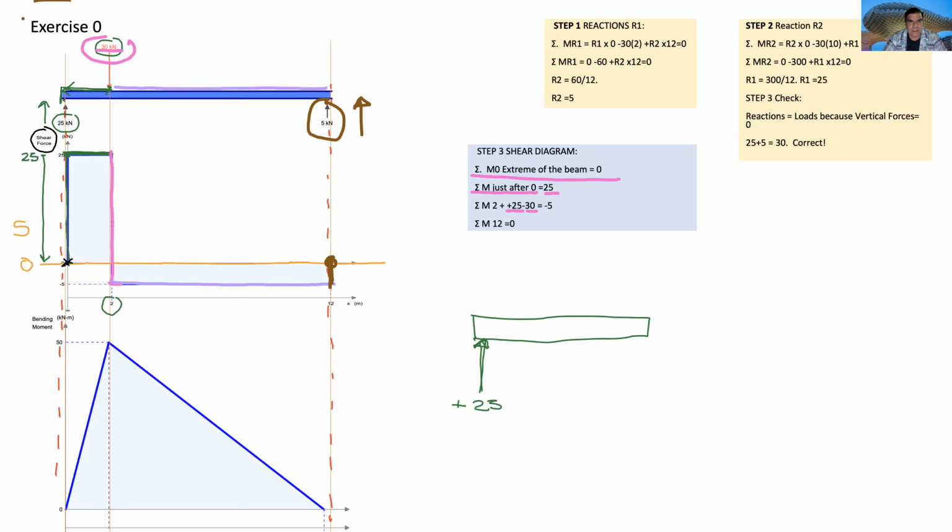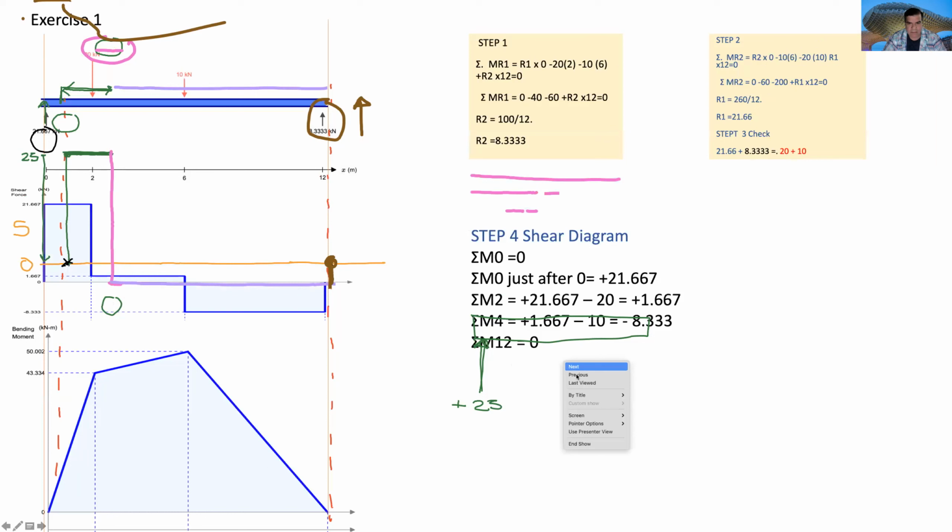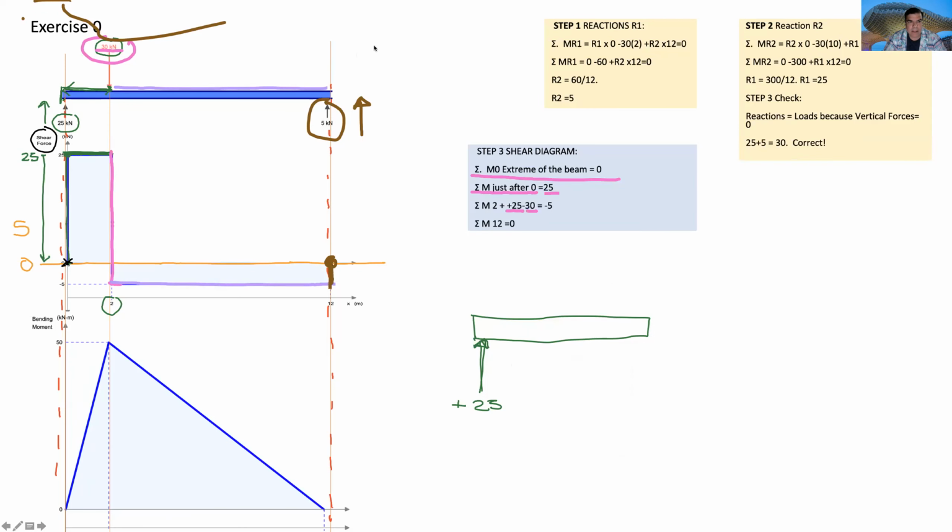Well, in few words, if this beam breaks in some way because of shear, let me go back, breaks over here in this area between 0 and 2, it is because we have a maximum shear of 25. Thereafter, it's difficult that the beam will break because of shear, because the shear is only -5.